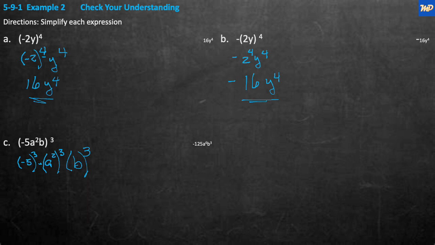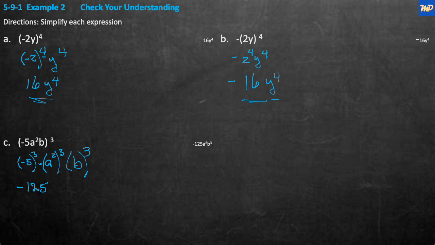So let's go through each one of them. So the negative 5 raised to the 3rd power, 5 to the 3rd power is 5 times 5 is 25, times 5 is 125. But now a negative times a negative is a positive, times a negative is a negative. So it's a negative 125 times a to the 2, raised to the 3rd power.